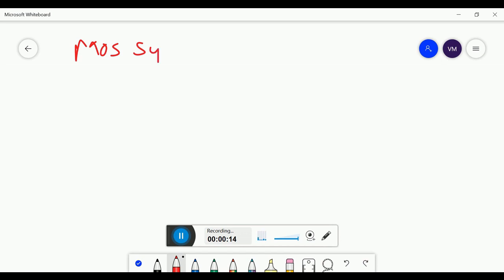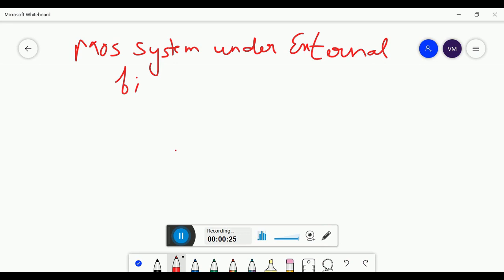What kind of bias is that? That would be the voltage which is applied onto the gate terminal. So now we are studying the MOS system under external bias.